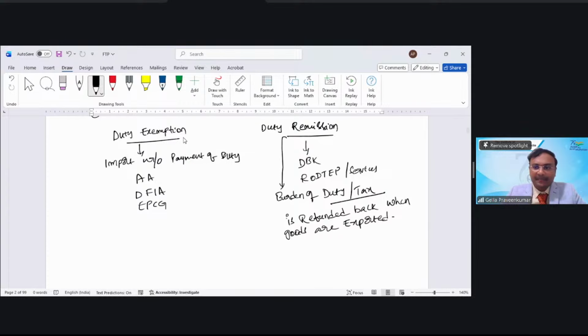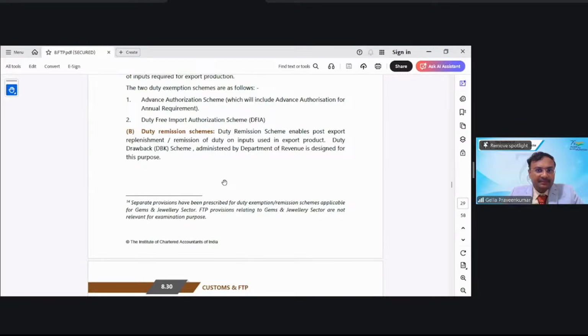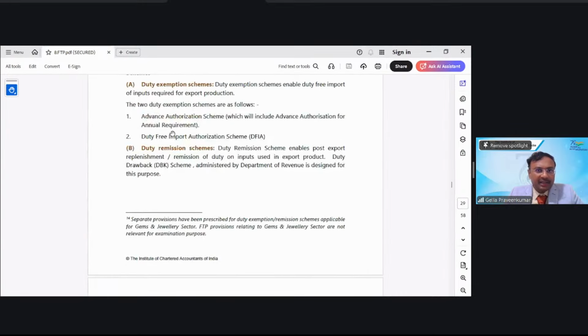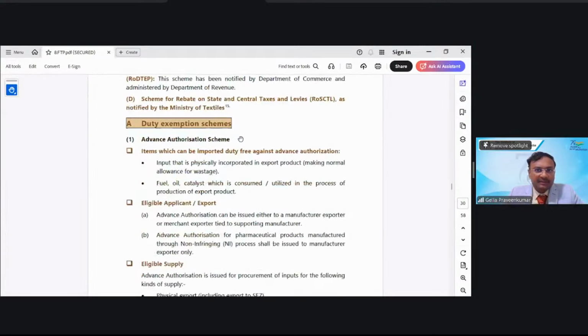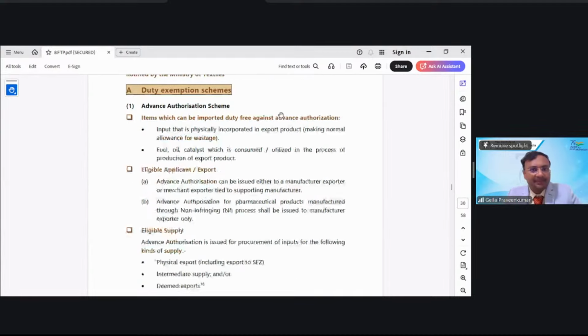Coming back, exemption, duty remission. Like I gave examples of duty drawback and all. DFIA, AA, rebate of state and central tax levy, ROSCTL. Now, first scheme, duty exemption, advance authorization.